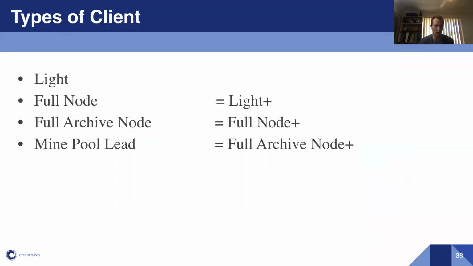And so we look at that list of going from a light to a full archive node to a mining pool lead. We can have a look at how they would run in terms of a client and what parts of a client they'd be running.